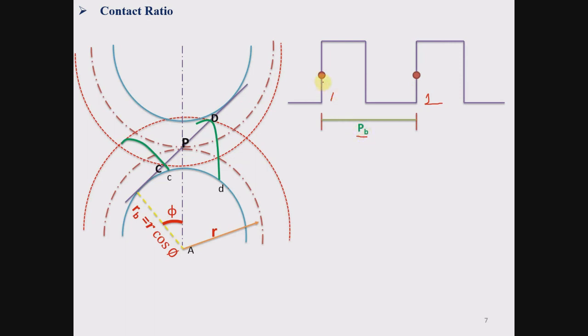Now what is the first case? Base pitch is equal to the distance CD, where the contact initiates, point C, and where the contact ends, point D. This distance is equal to base pitch. What does that mean? At C a pair of teeth will come in contact, and at the same time the pair formed by tooth number 2 will leave the contact at point D. Correct?